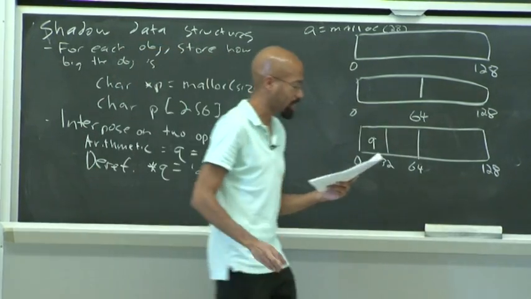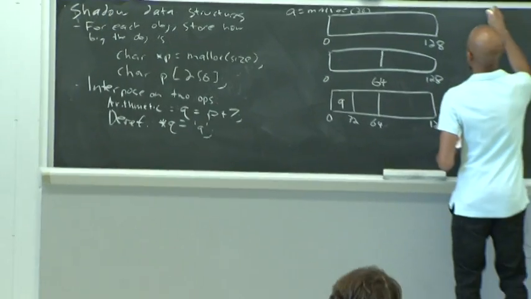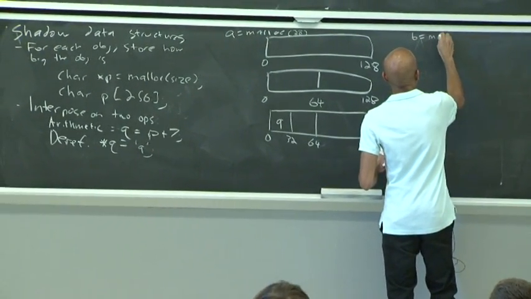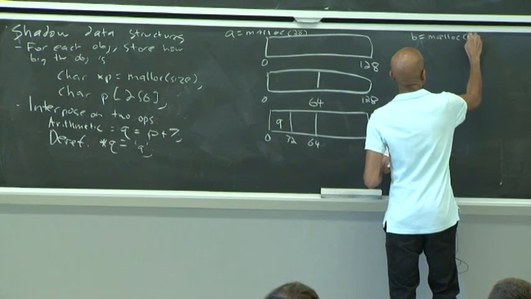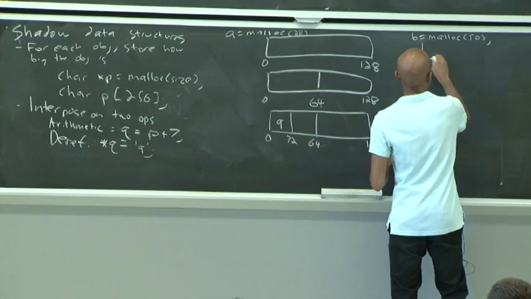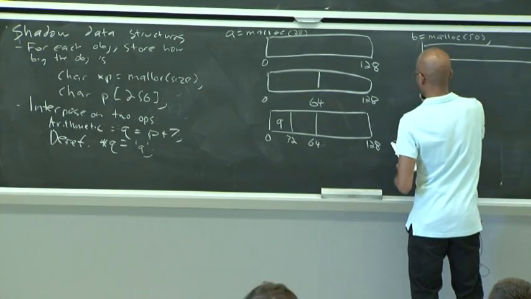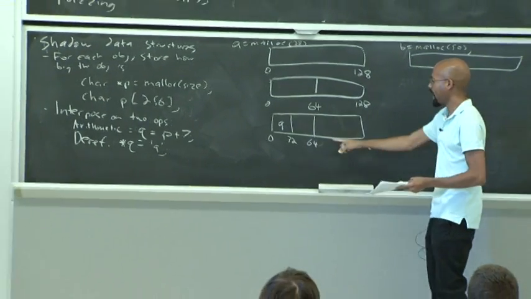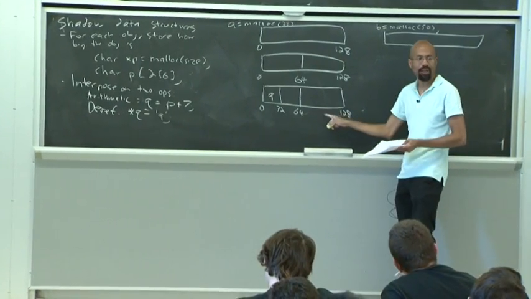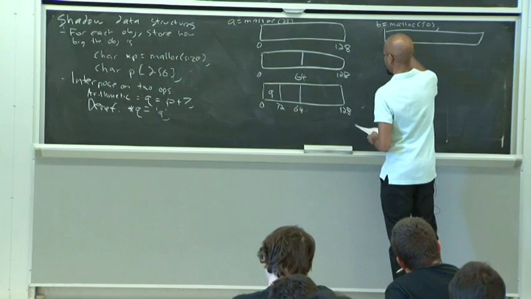Now let's say we have another request that comes in for B, and we want to malloc(50). The buddy allocator says, I actually have a block here that's big enough. 50 is greater than half the size of this block, so I'll just allocate that right there.